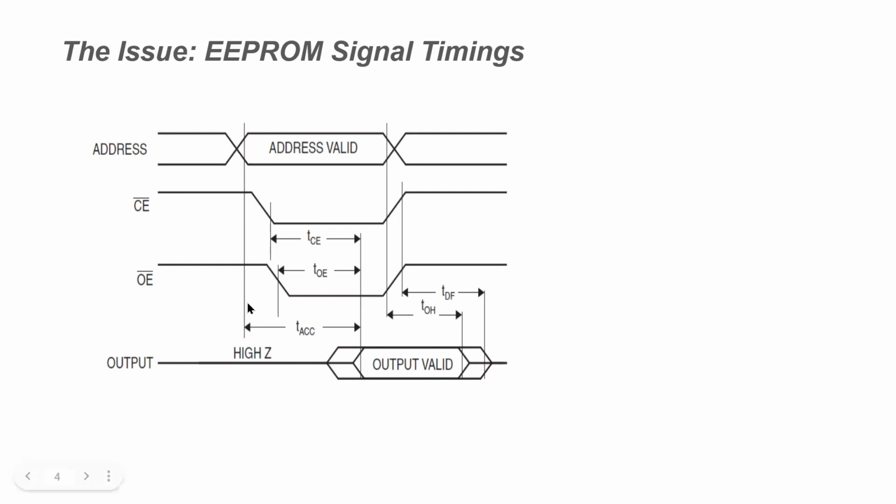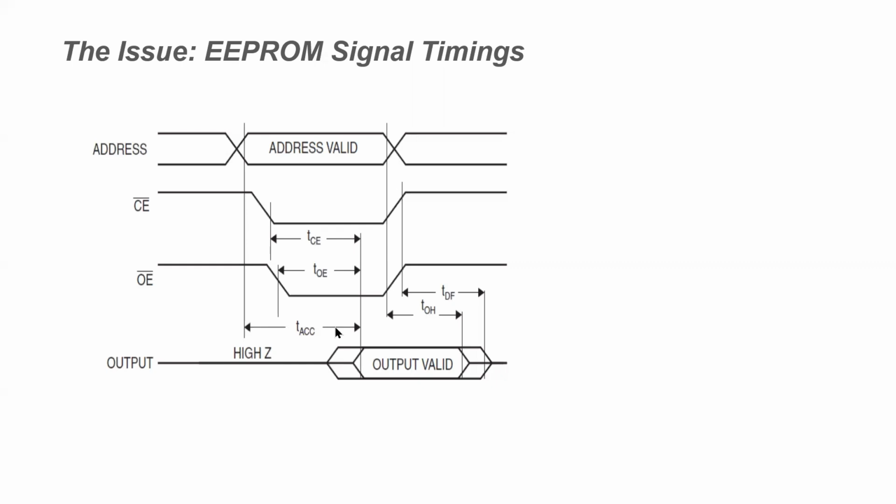Now this is the key thing. Down here we look at the output byte from the EEPROM. This line starts at the point where the address input has stabilized. Now we have this time period from when the address is stabilized to when the output is stabilized, and that's this TACC time.